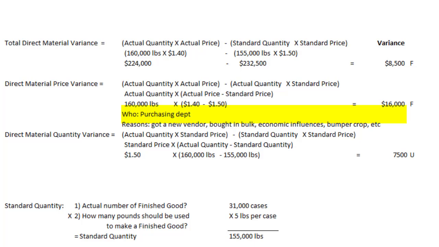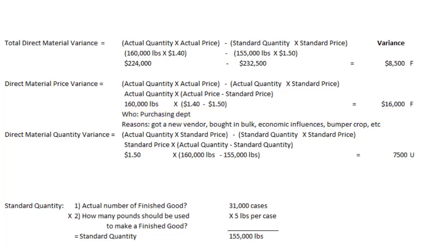Maybe they decided to buy in bigger bulk, or there were some kind of economic influences, such as the economy had a deflation instead of an inflation, or there was a bumper crop of potatoes that caused the supply to be much higher than they expected. And then I put etc. because every business is different, every situation is different. So what you're looking for is the reason why the price was different, whether it was favorable or unfavorable.